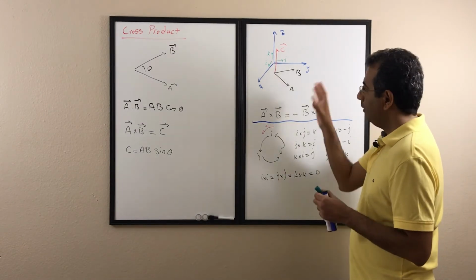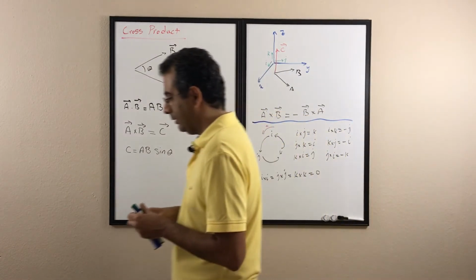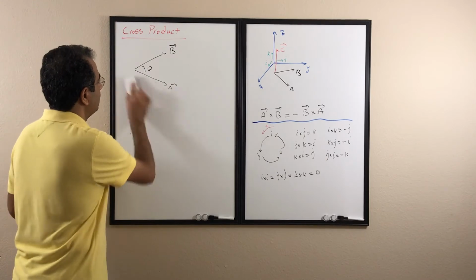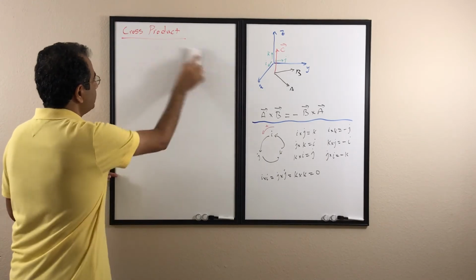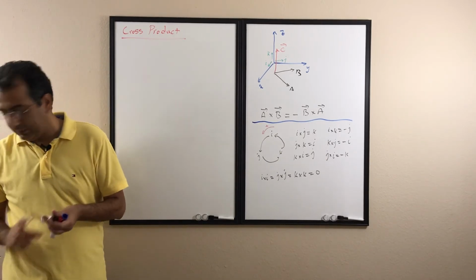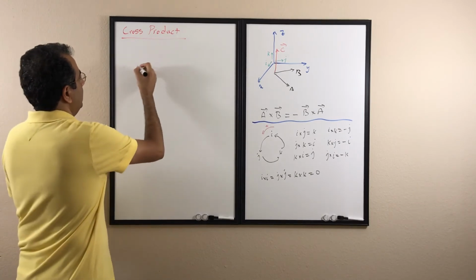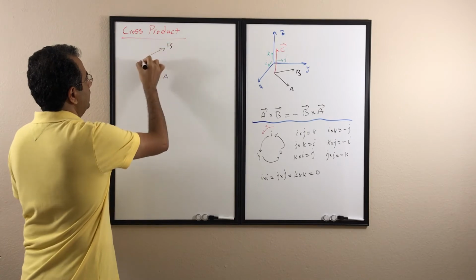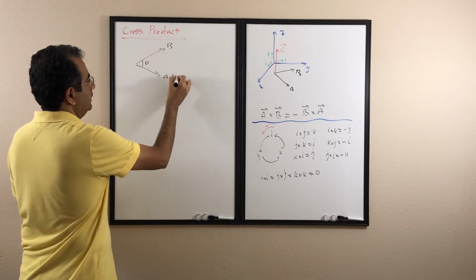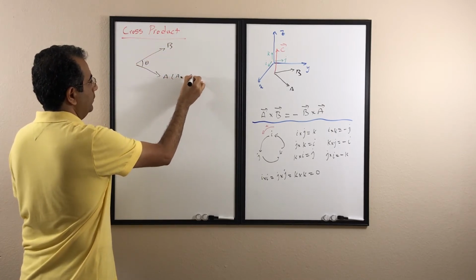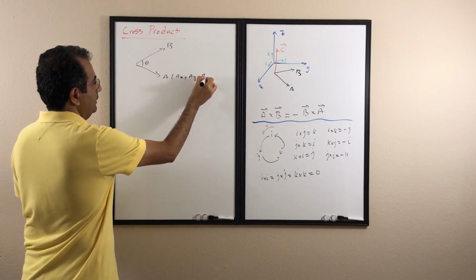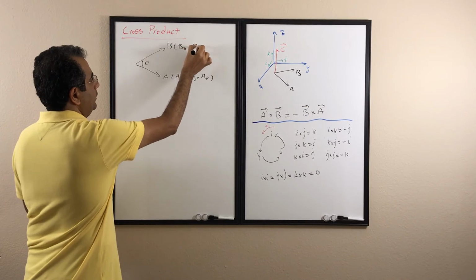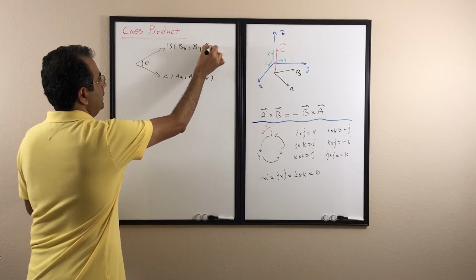Now I want to see how we can calculate this cross product. We are using the determinant to calculate that. So assume I have two vectors A and B with angle theta, where A has components AX, AY, and AZ, and B has BX, BY, and BZ.